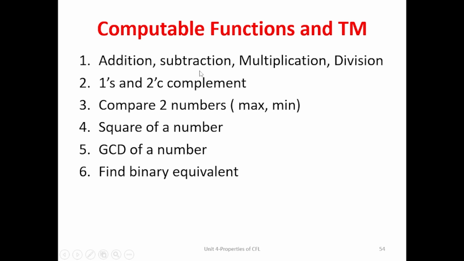It's not only possible to use these computational functions; we can also use 1's and 2's complement, compare the maximum or minimum of two numbers, find the square of a number, the GCD of numbers, or a binary equivalent of an integer by using the Turing machine.